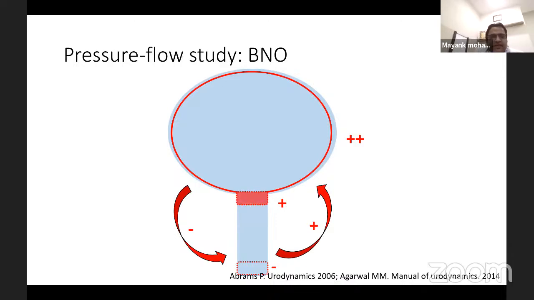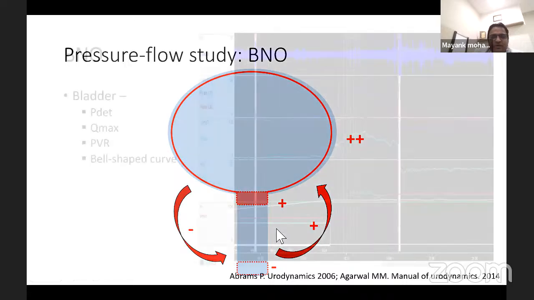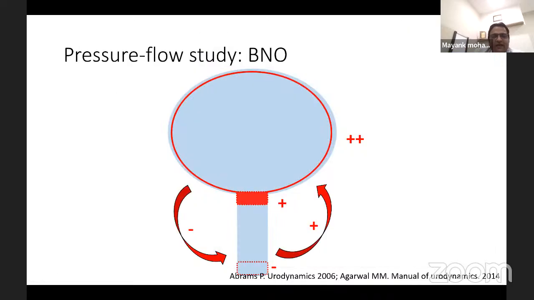The first clinical condition is called bladder neck obstruction or prostatic obstruction. What will happen? You will have resistance in the flow, and because of which you will have high pressure in the bladder. Now, that high pressure does not mean that the bladder function has improved. No, it is just that that pressure is not releasing as flow. That is why you are seeing it as pressure.